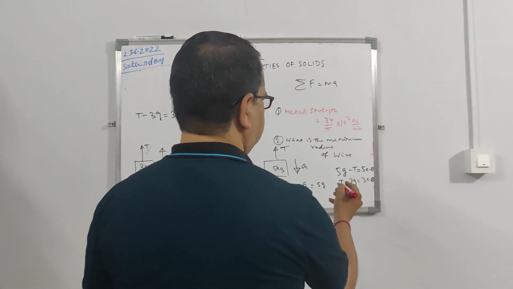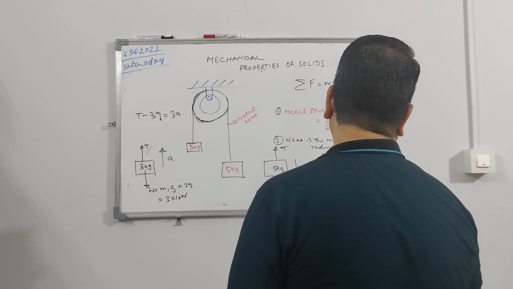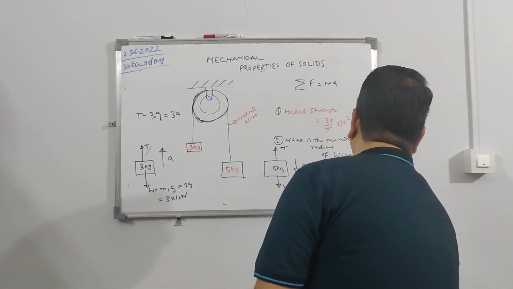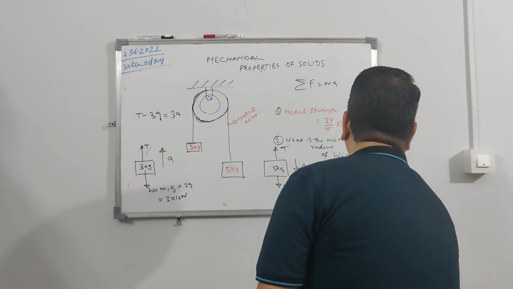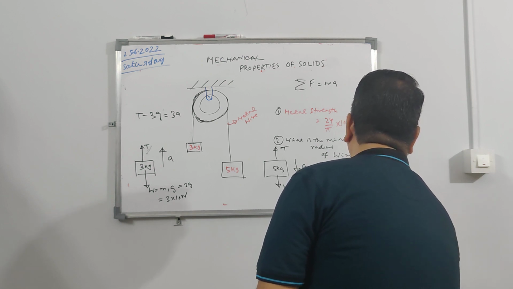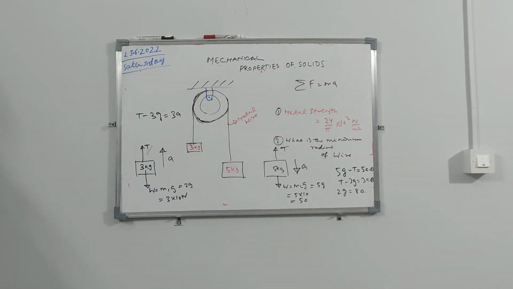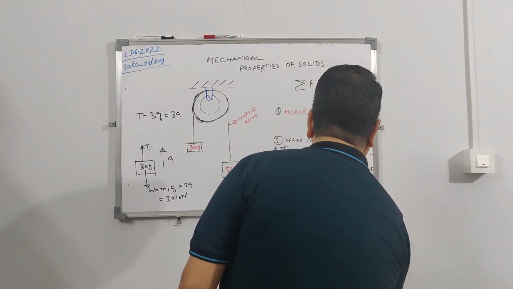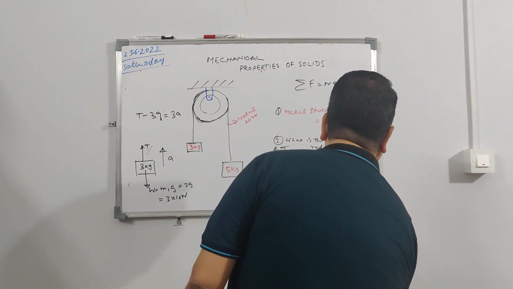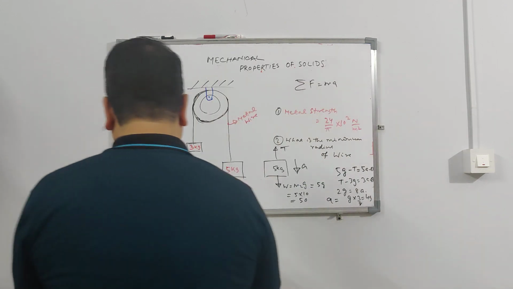Okay. So if we add these two, it will become 2G is equal to, if we add, 8A, right? So your A is equal to G into 2 by 8, which is G by 4.